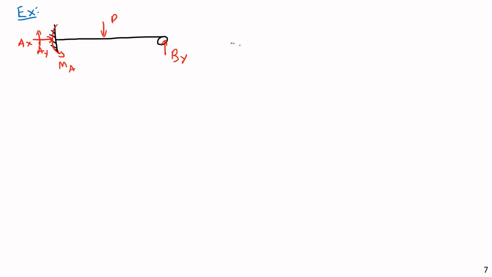Currently this is indeterminate. I have 4 reactions, and I can really only solve for 3 using laws of statics. Therefore, this is indeterminate to the first degree, so I'm going to need 1 redundant force.